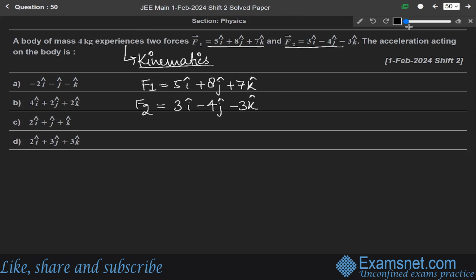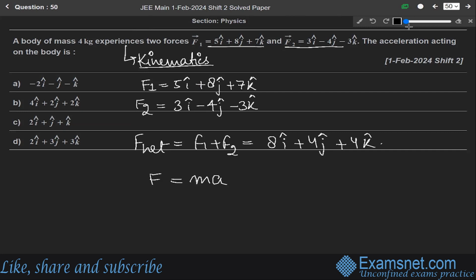So first of all, we will find the net force. So net force will be equal to F1 plus F2. So it will be equal to 8 i cap plus 4 j cap plus 4 k cap. Okay. And we know that F is equal to mass into acceleration. So acceleration will be equal to F over m, and we are given m as 4 kg. So 1 over 4 into force.